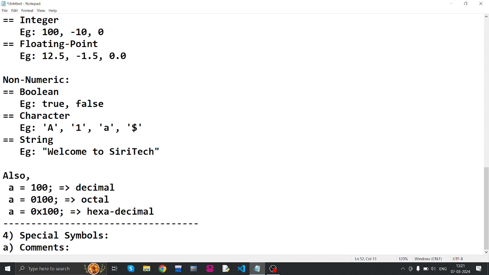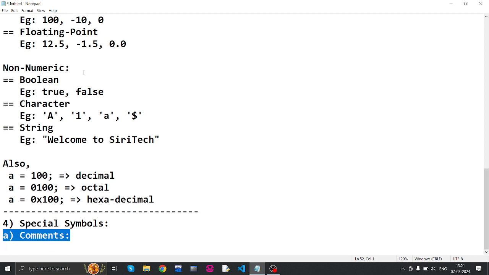The first set of symbols, they are comments. Comments are nothing but English language sentences that we write in our program.